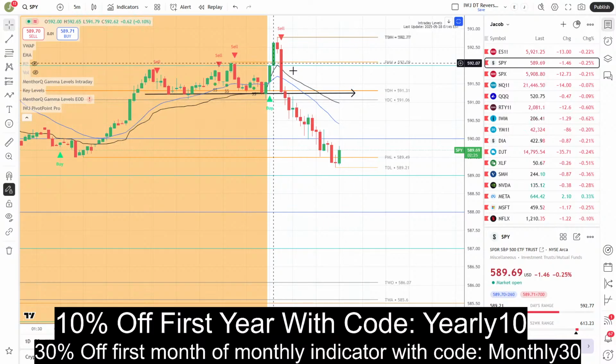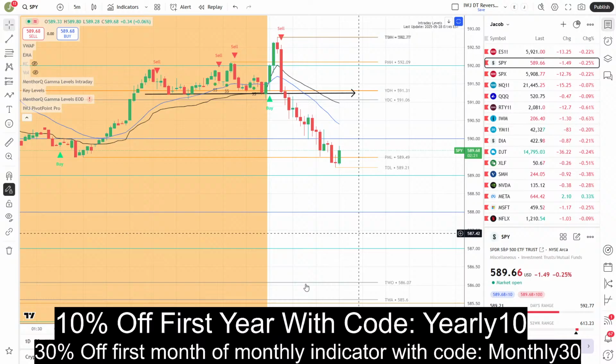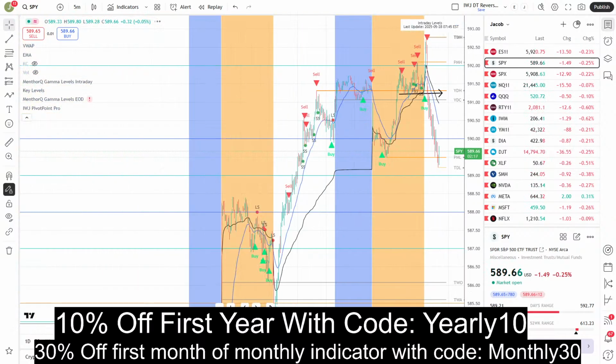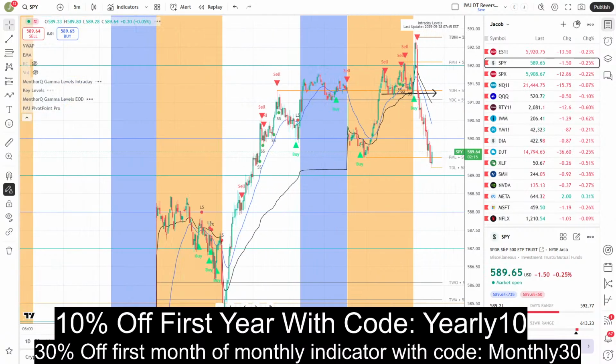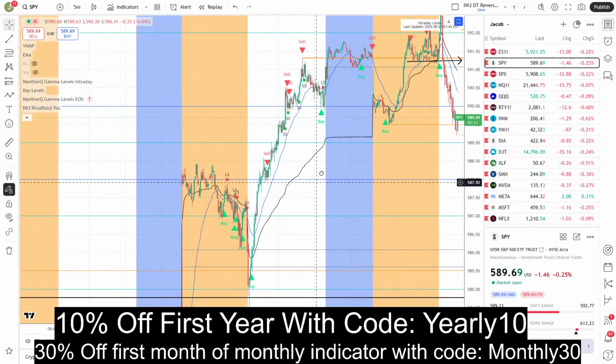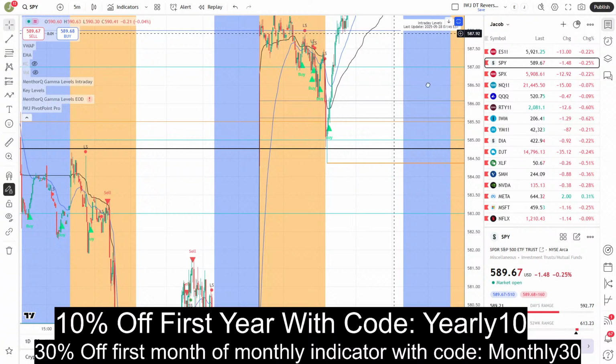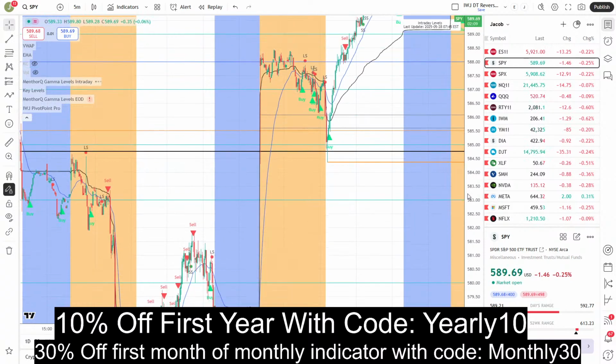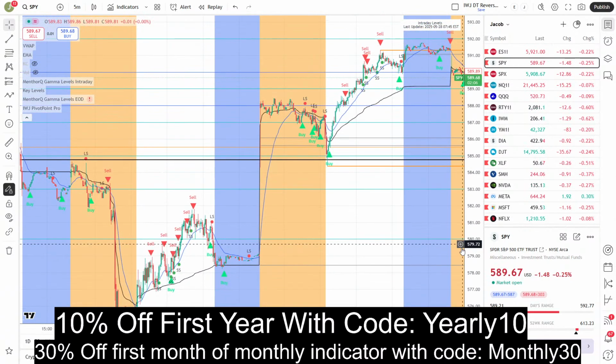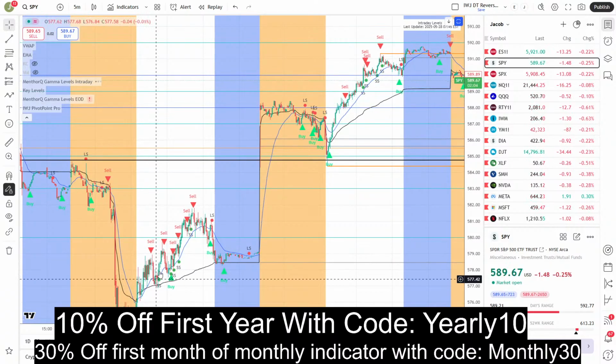VWAP is moving down with price, which is a good sign. VWAP can do a few things. Obviously, it can move down or up with price, but sometimes let's see if we can find a spot where it flattens. There are times that, I thought there was one back here somewhere. So you can see price continues to move up here pretty strongly, and VWAP stays not flat.